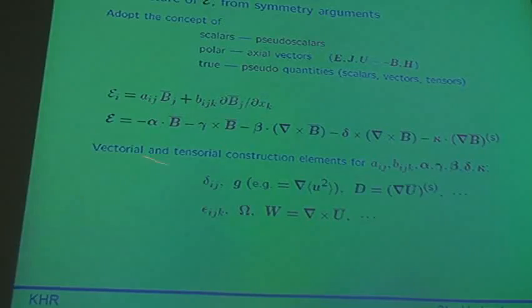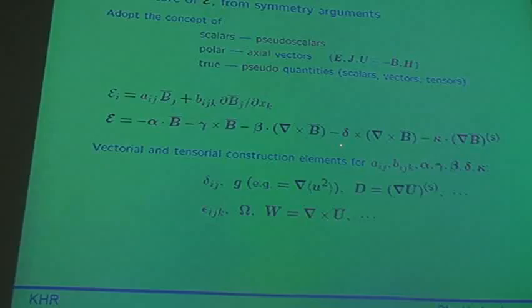Or in terms of this relation, you have a pseudo alpha tensor times B. You have the true vector gamma, and the pseudo character is made by gamma cross B. You have a true beta tensor times a curl B, which is again a polar vector.